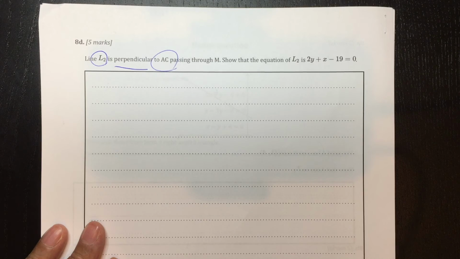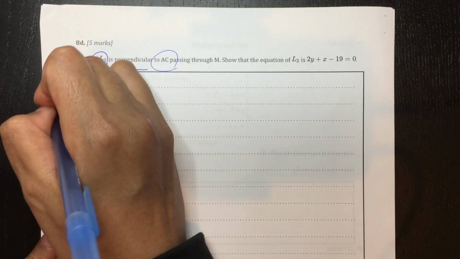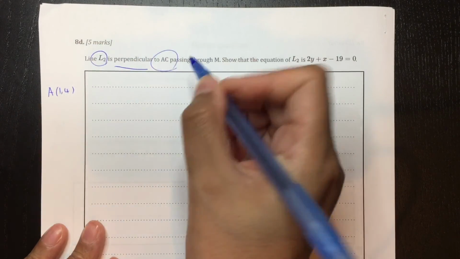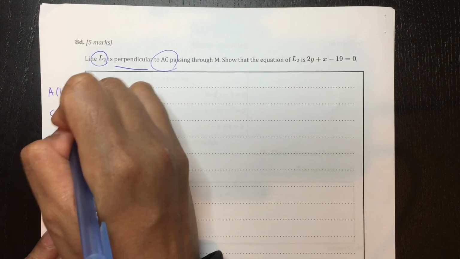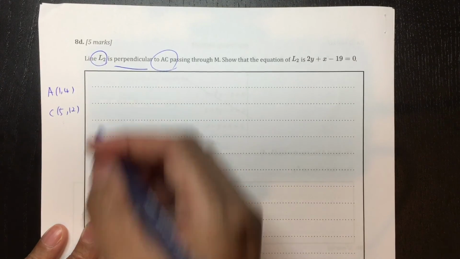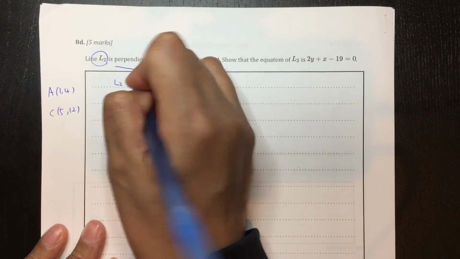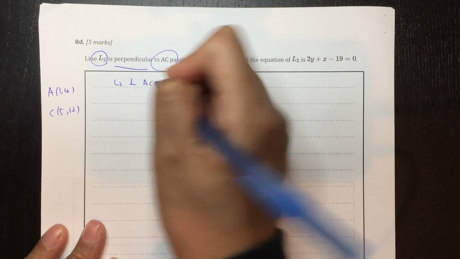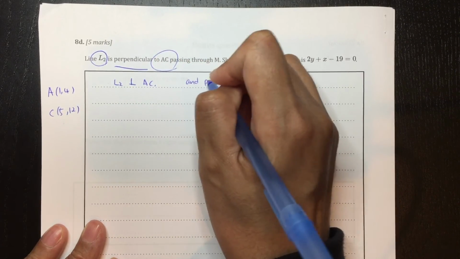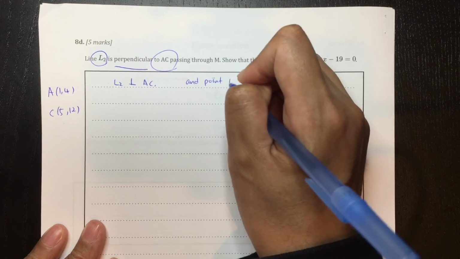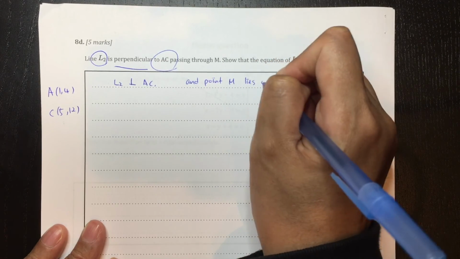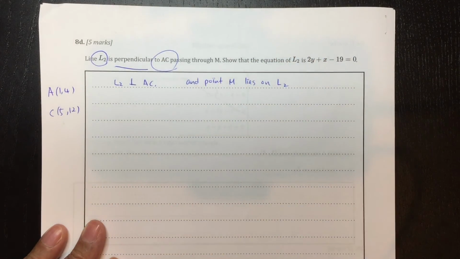Point A is 1, 4, point C is 5, 12. Line L2 is perpendicular to AC and the point M lies on L2.